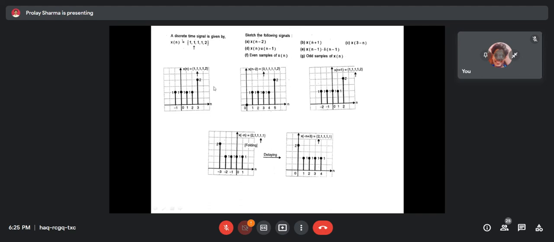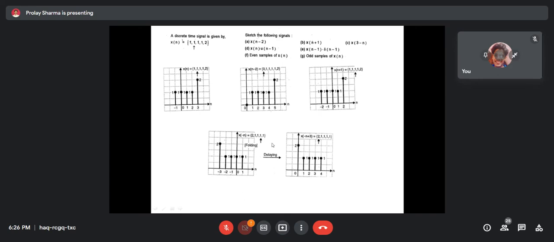So xn is this, and x(minus n), we have already studied this property, is called the mirror image. If we consider the y-axis as a mirror, then the sample values on one side will be shifted to the other side, but the sample value at the 0th position will be unaltered. So at the 0th position the sample value will not change.